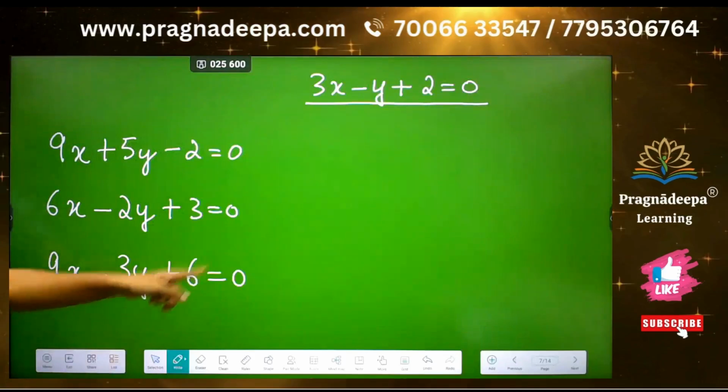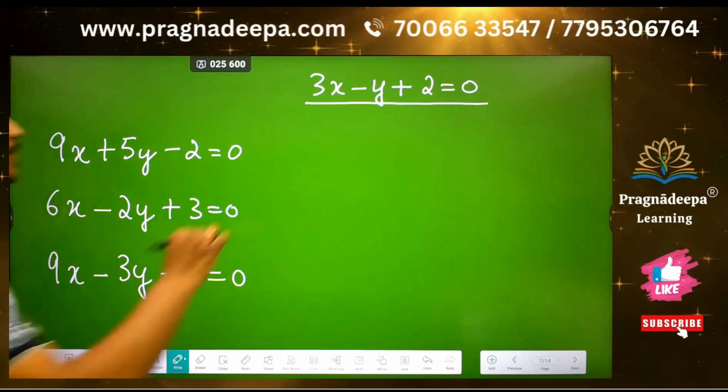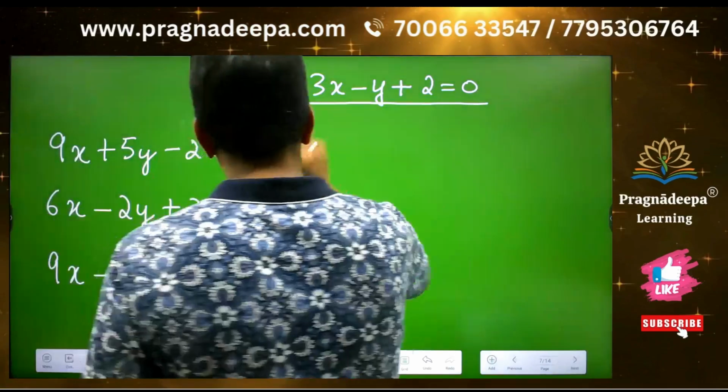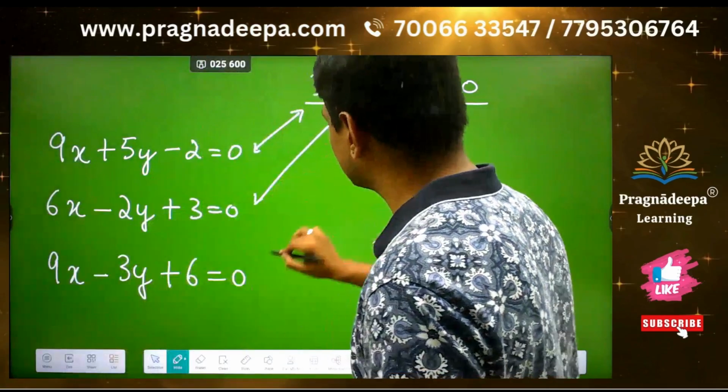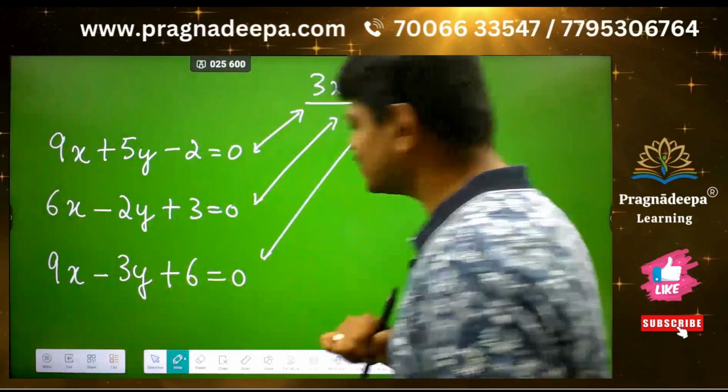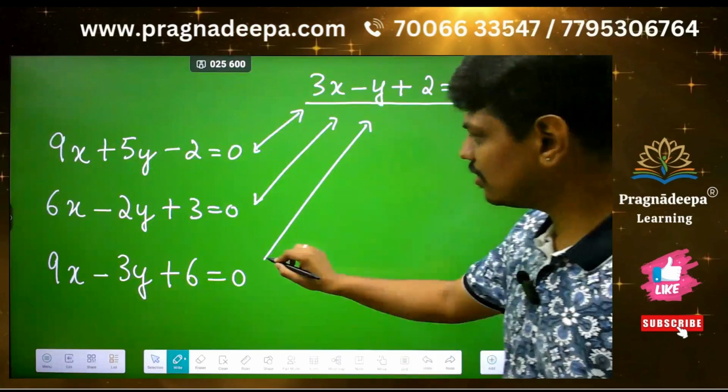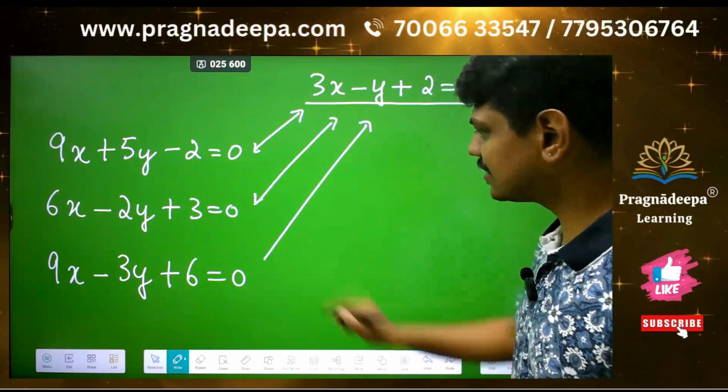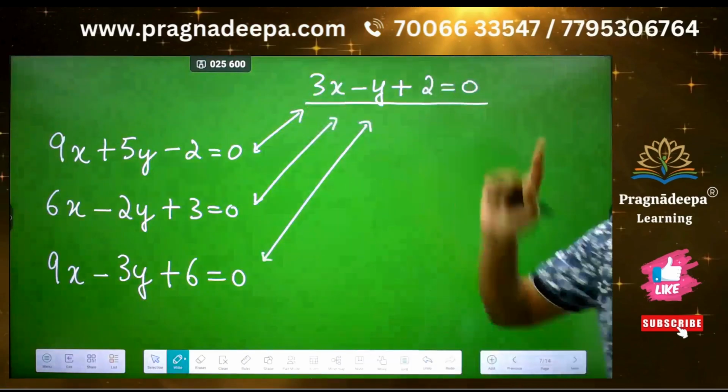Now tell me, students, what is this? Coincident. Are you understanding? These two lines represent intersecting, these two lines represent parallel, and these two lines represent coincident lines. Is this idea clear?